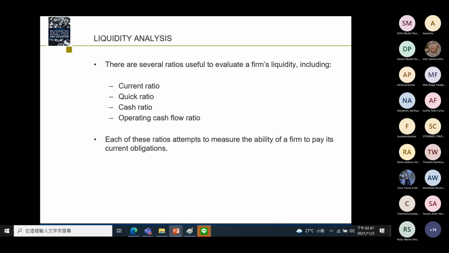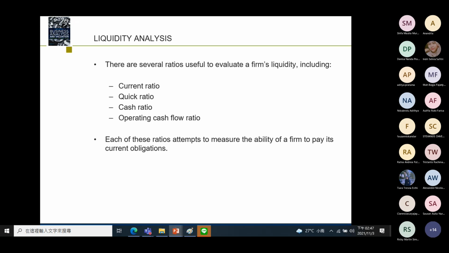When these conditions do not prevail, the cash ratio, which considers only cash and cash equivalents, is a better indication of the firm's ability to cover its current liabilities in an emergency.